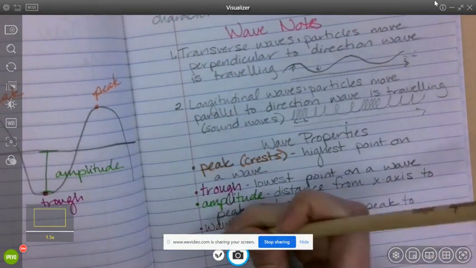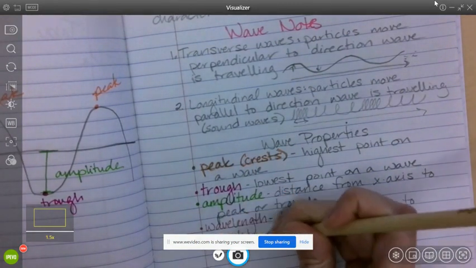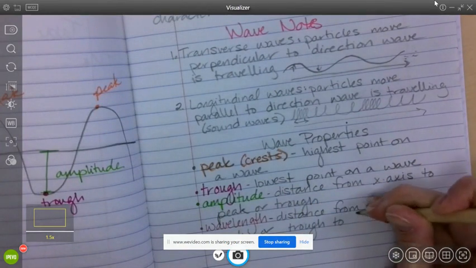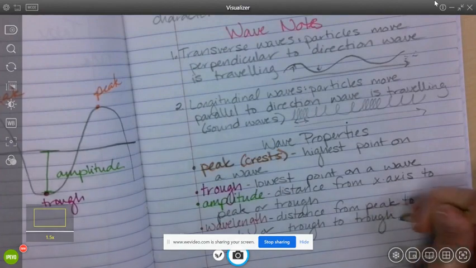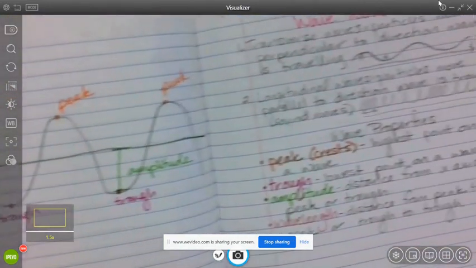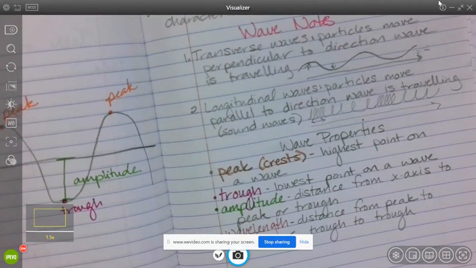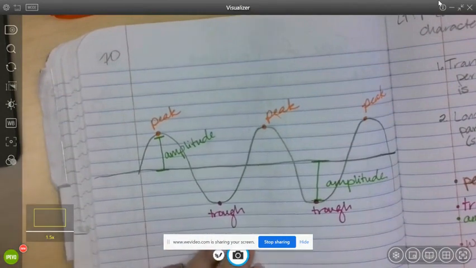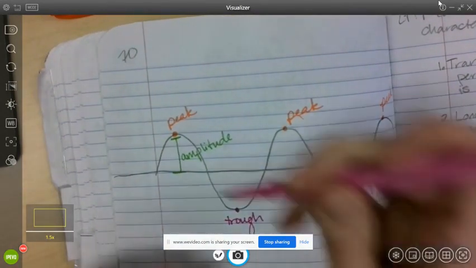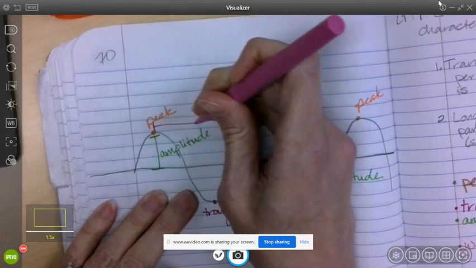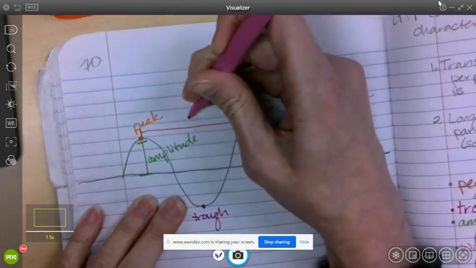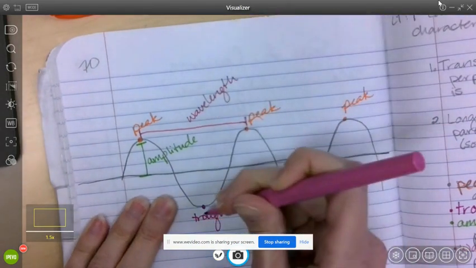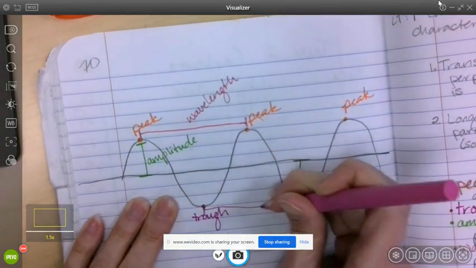Distance from peak to peak, or trough to trough. Okay, so on our picture, we'll label it over here on our picture. So from here to here is wavelength. But it could also be measured from trough to trough.